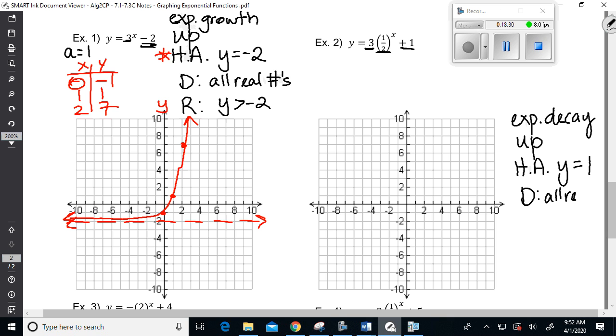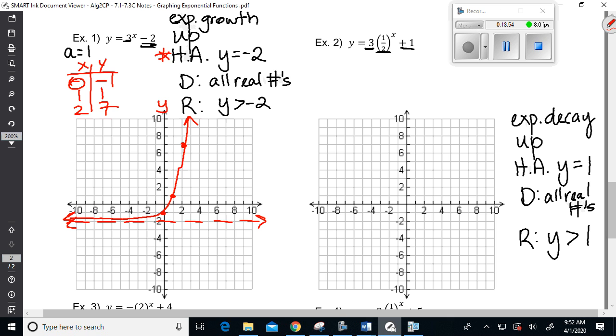Domain, all real numbers. And range, since the graph is opening up, is y greater than 1. Again, it gets easier to crunch through that once you have an idea as to how everything works.